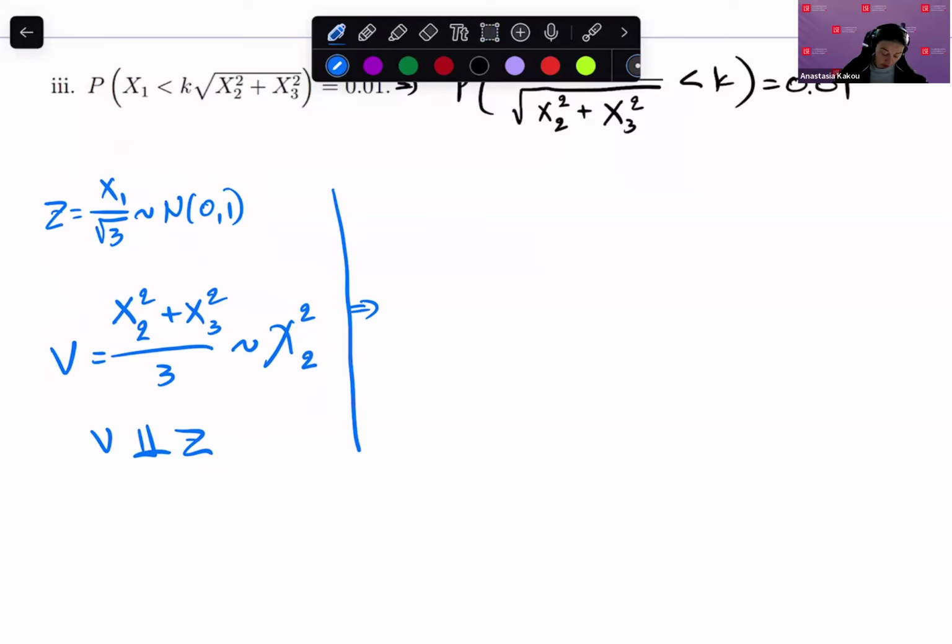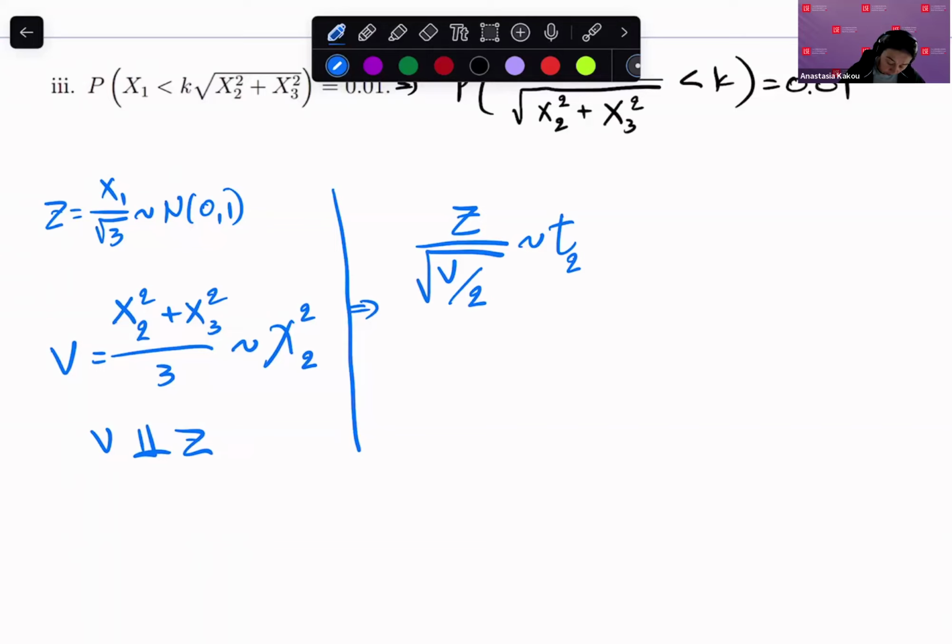So if we take the ratio of a standard normal over the square root of a chi-square scaled by its degrees of freedom, we create a t-distribution with the same degrees of freedom as the chi-square.